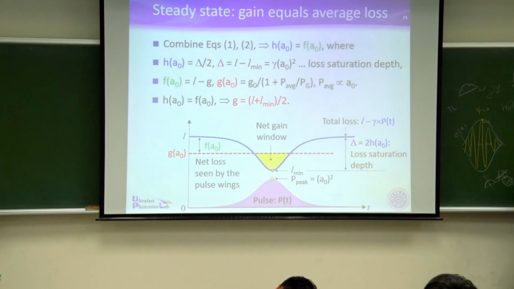L plus L minima, L is here. L minima is here. The summation divided by 2 should be the average loss. Your loss is not a constant. It varies with time. But on average, the average value is about maxima plus minima over 2. So the right-hand side means the average loss. The left-hand side means gain. So when gain equals average loss, steady state is reached. Okay? You can have the solution.